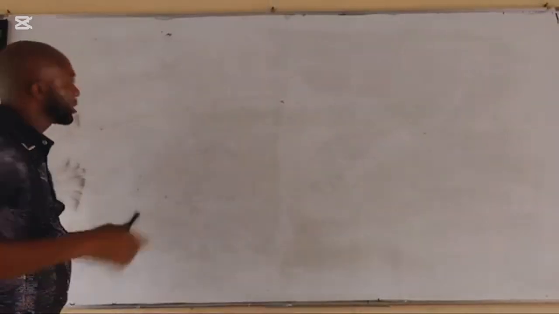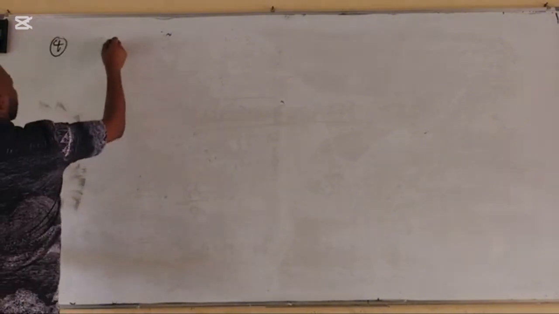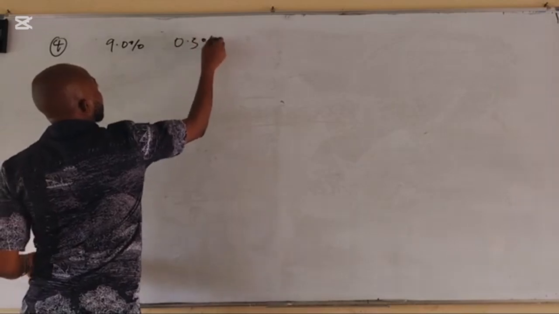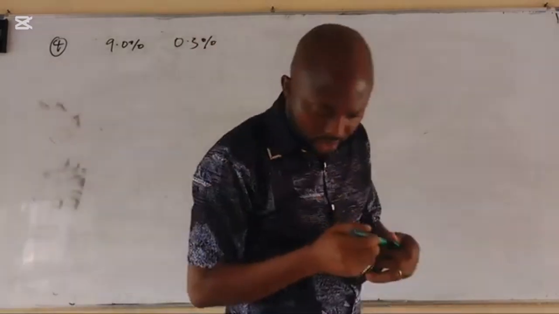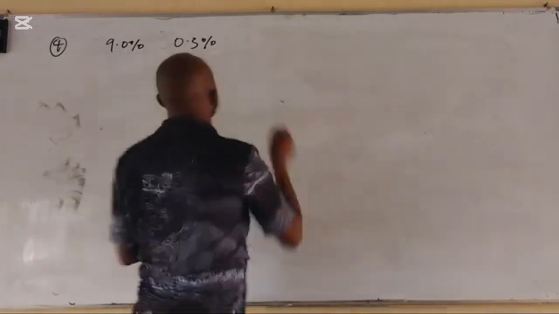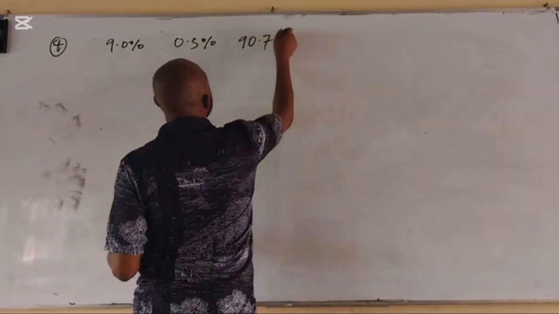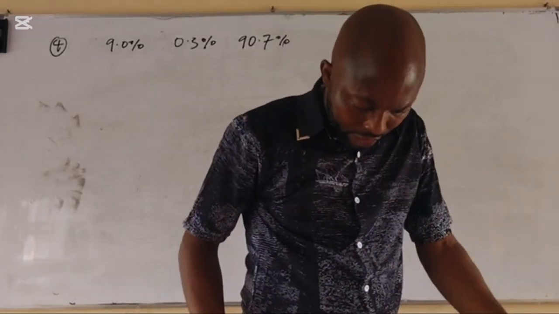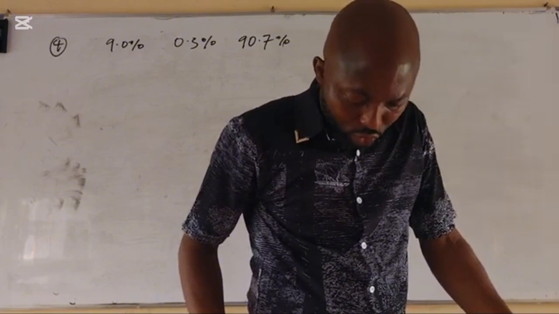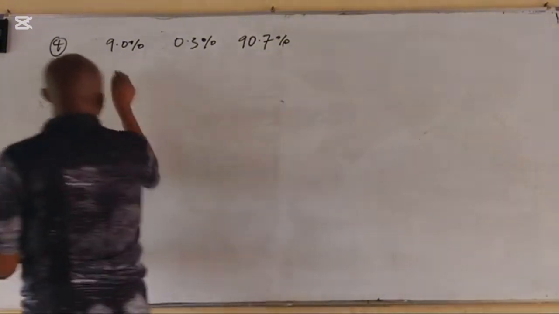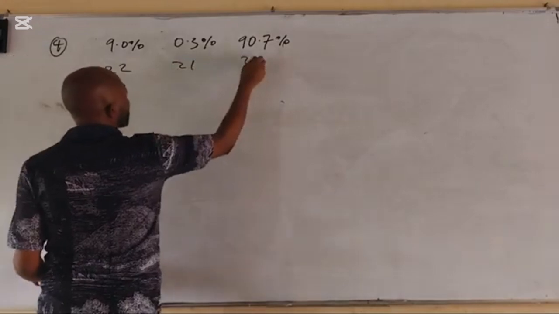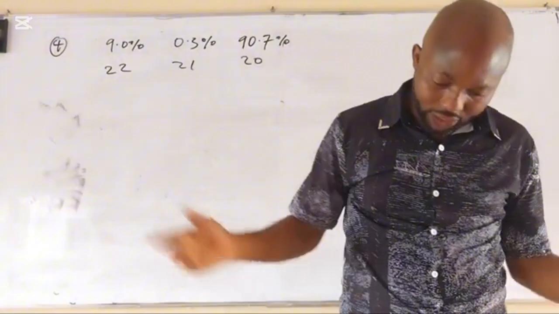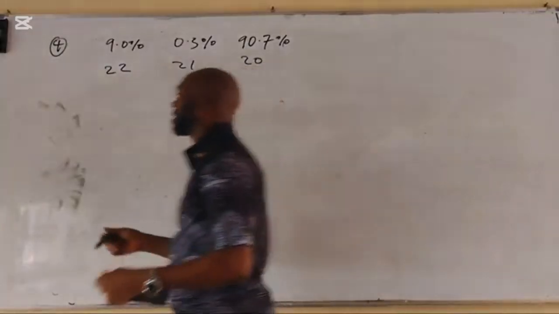If the masses of the isotopes are 22, 21, and 20, calculate the atomic mass of X.